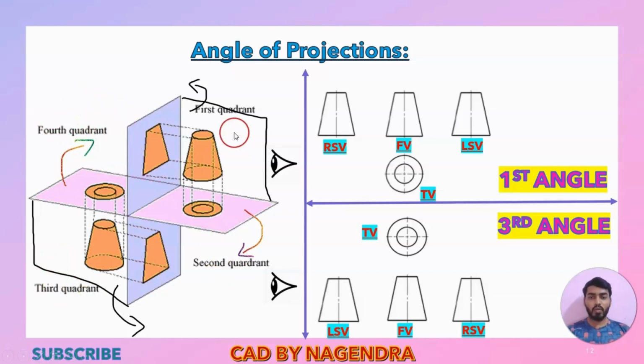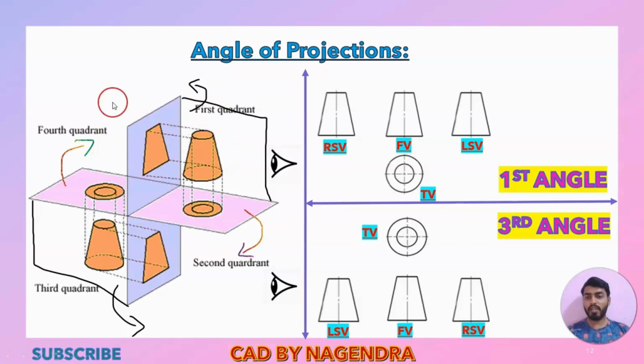Now in total we will have 4 angles of projection. Why? Because we have 4 quadrants. So in these 4 angles of projection, we call them first angle of projection, second angle of projection, third angle of projection, and fourth angle of projection. Why?